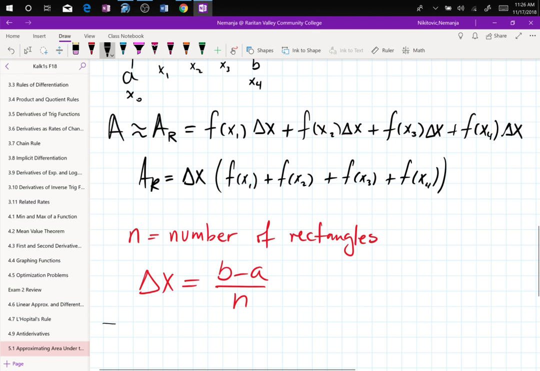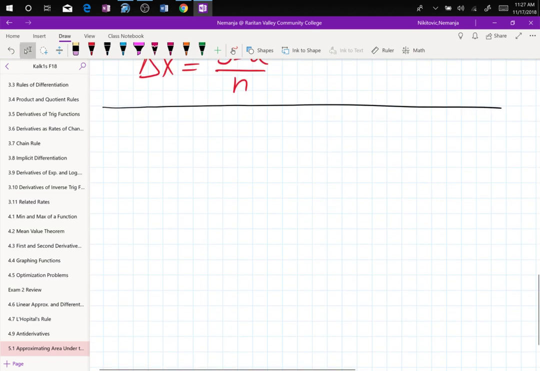So I want to read one problem from the textbook, and then we'll do the midpoint one, which is a little bit different. So these two are the same pretty much. You just have to be careful whether it's left or the right. Now let's take a look at a problem. So here's what they have.